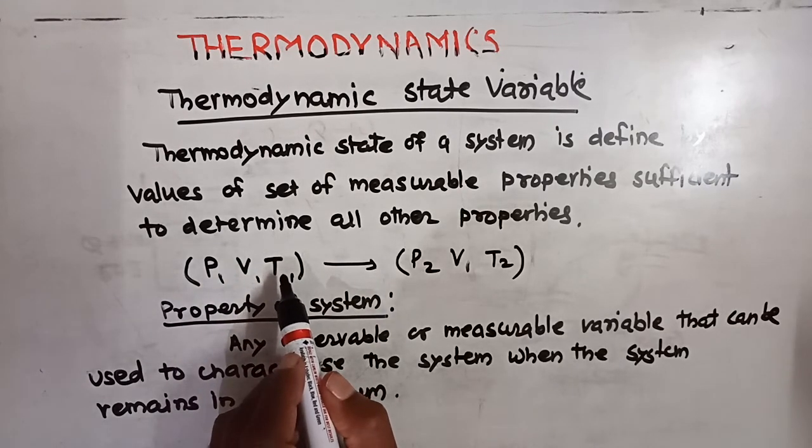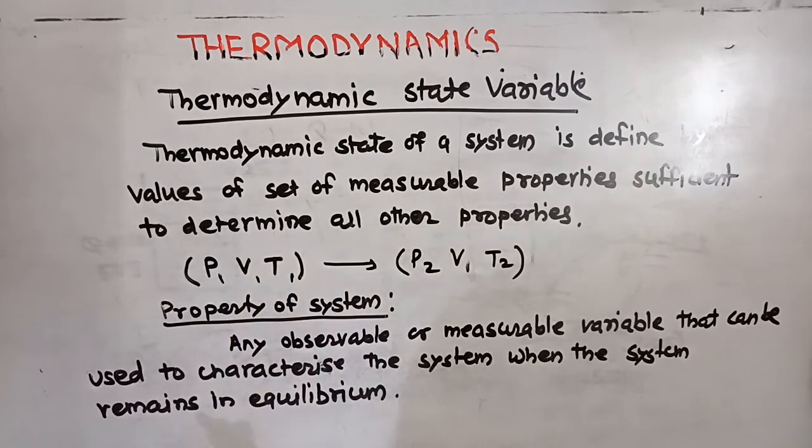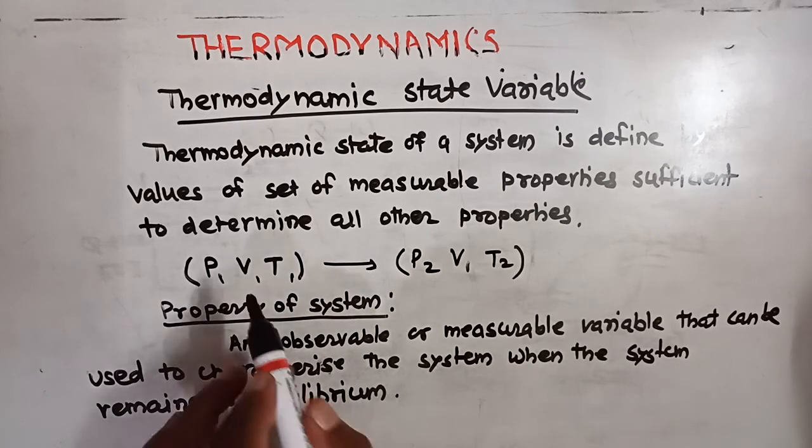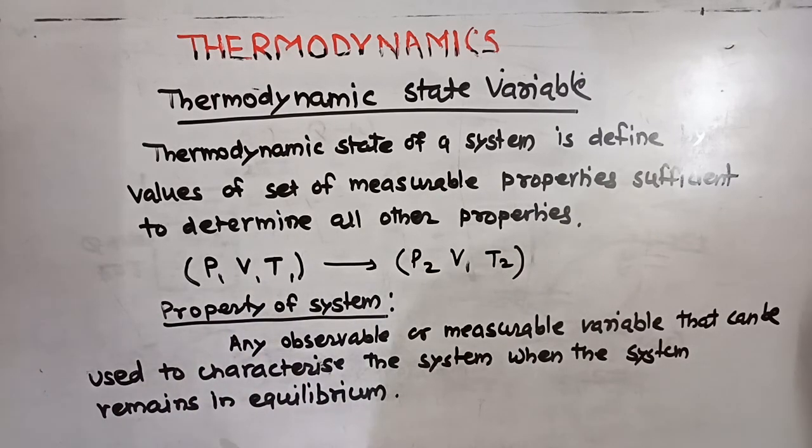We know the exact value of pressure, volume, and temperature, so the system can be replicated by characterizing it.